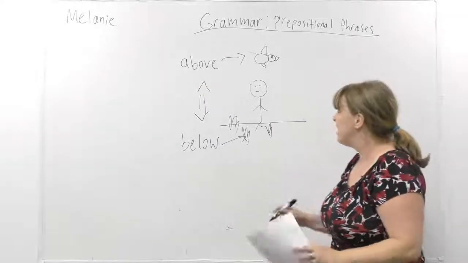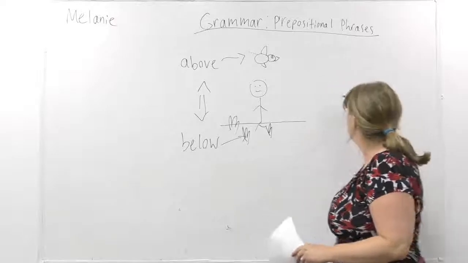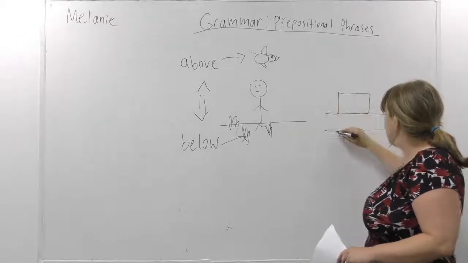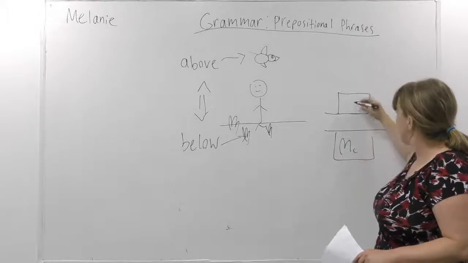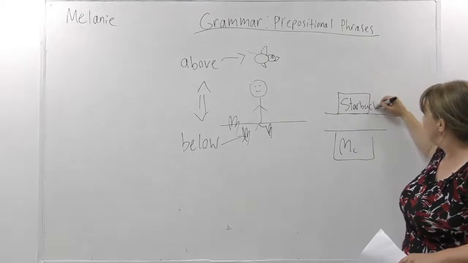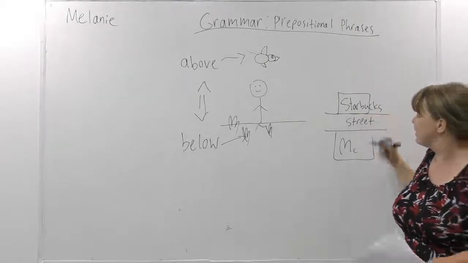Woohoo! All right, next, let's do across. Okay, so here is a street. Let's say this is McDonald's, and let's say this is Starbucks, everyone's favorite coffee company. And this is a street here.